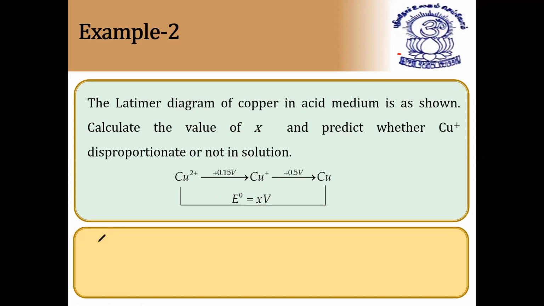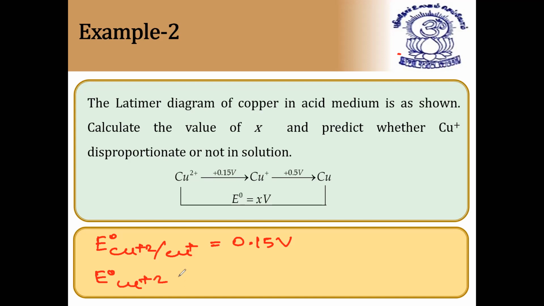So E degree of Cu plus 2 to Cu plus is given as 0.15 volts, and E degree of Cu plus to Cu is 0.5 volts.